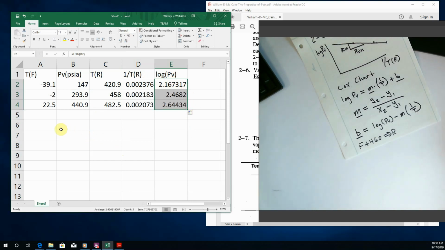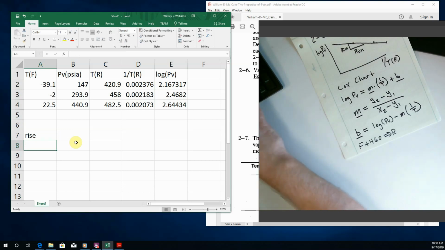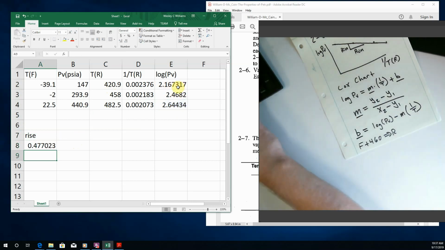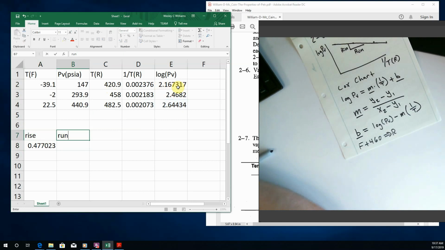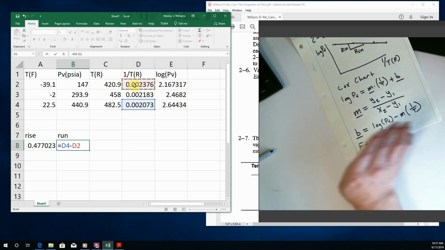Now, what next? I need to be able to calculate for M. So if we want to call rise, I can make rise be this value minus that value. And I can make the run equal to this value minus that.